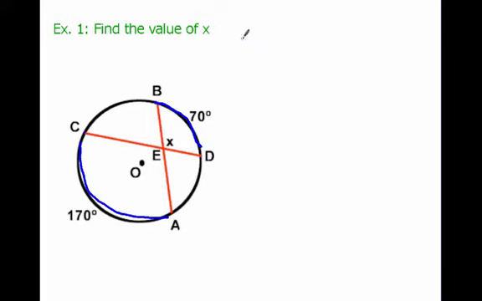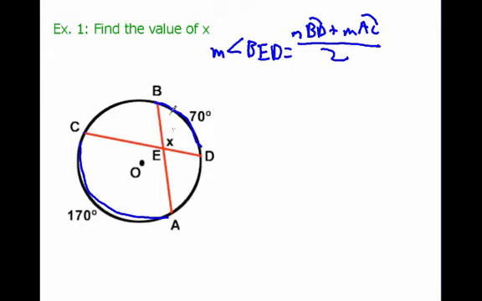In naming terms, the measure of angle BED is equal to the measure of arc BD plus the measure of arc AC, all divided by 2. The angle is equal to half the sum of the arcs. So let's plug some stuff in and figure this out.